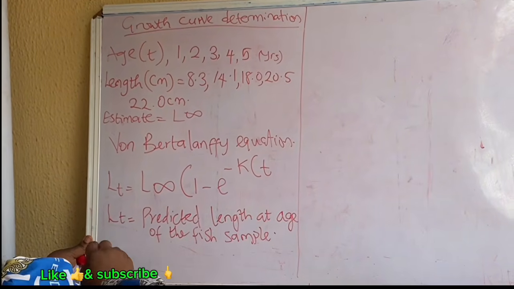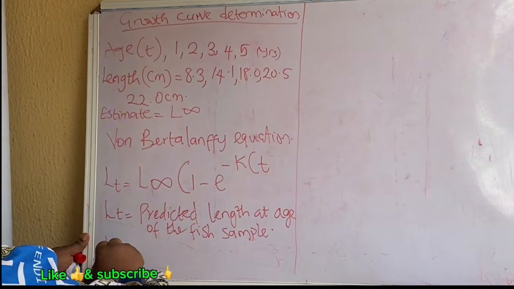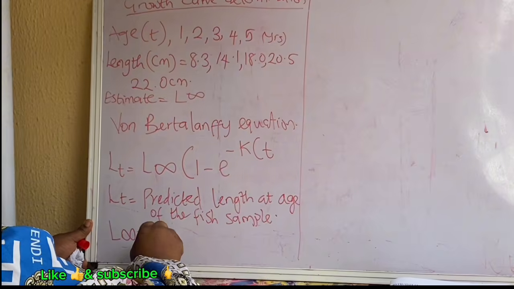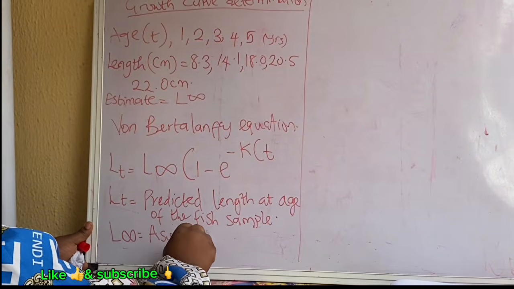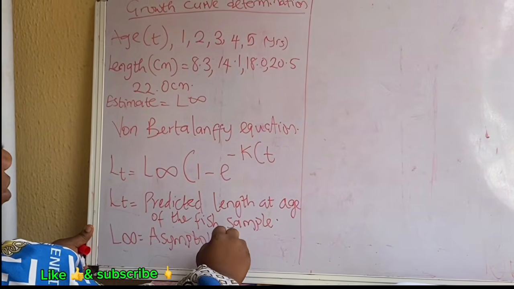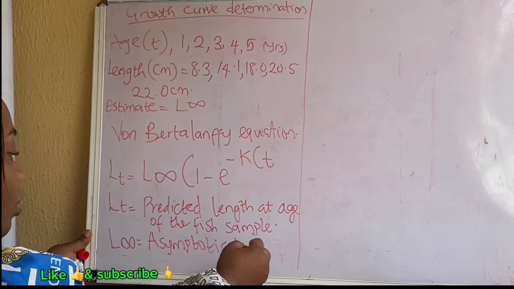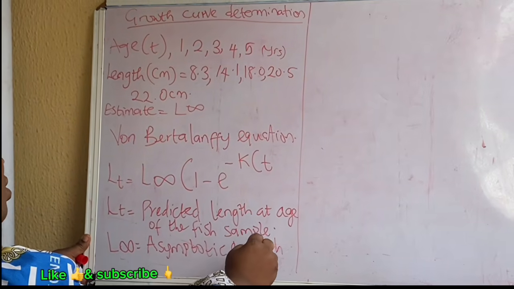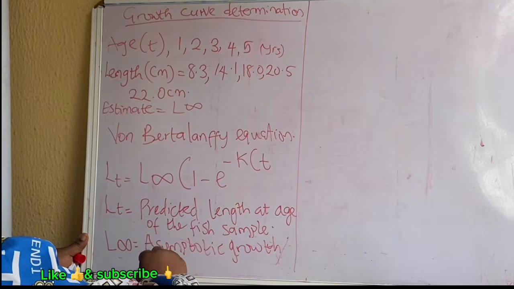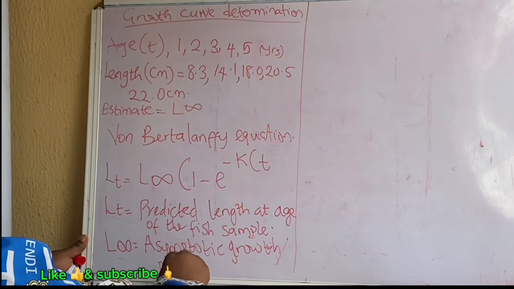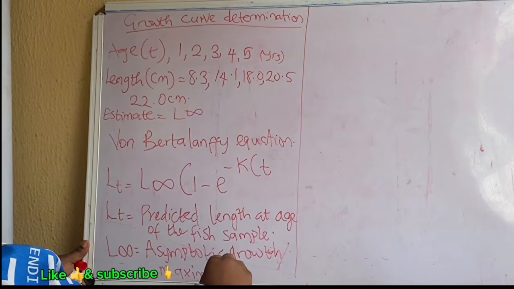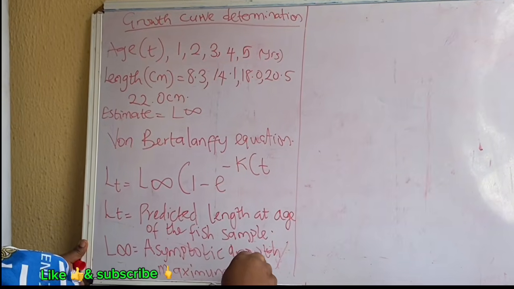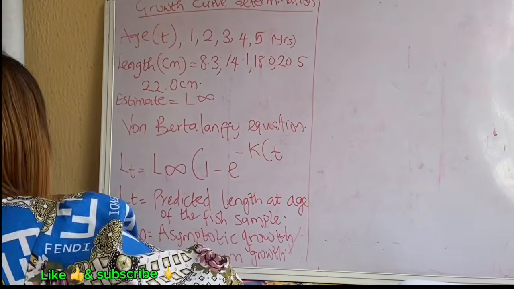Then the L asymptotic is known as the asymptotic length or growth, or you call it the maximum growth or length of the fish sample.